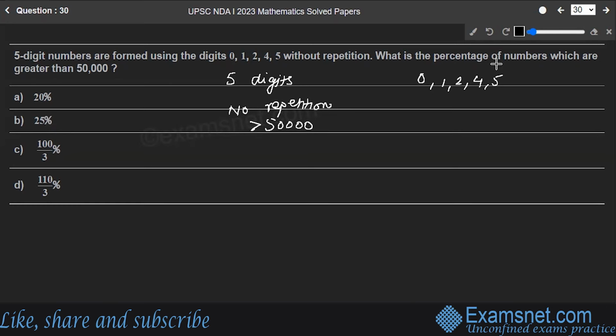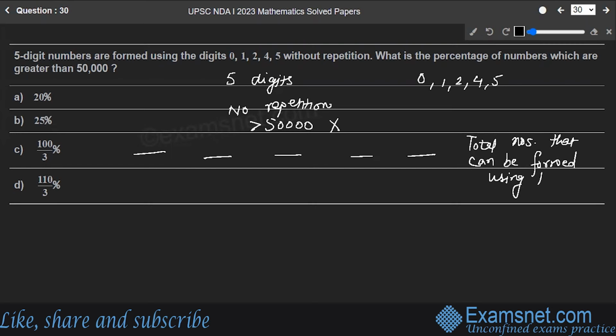So total number of ways in which 5-digit numbers can be formed from this. I'm talking in general. I'm not considering this condition right now. What the total numbers that can be formed using these digits. Of course, I can't have 0 at this place because that will make it a 4-digit number.